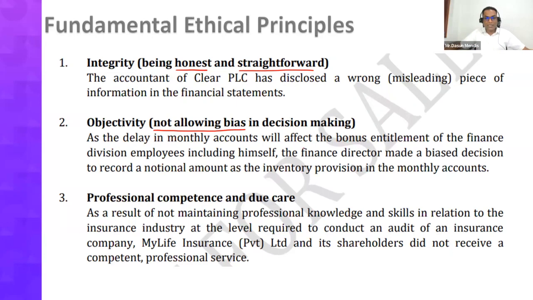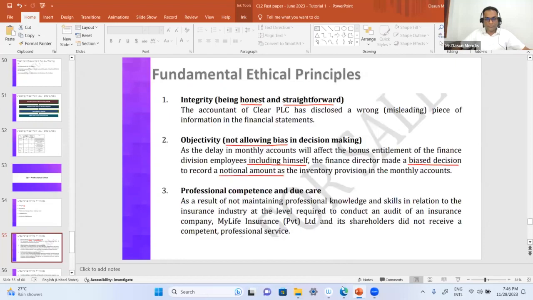As the delay in monthly accounts will affect the bonus entitlement of the finance division employees, including himself, the finance director made a biased decision to record a notional amount as inventory provision in the monthly accounts. Simple and straightforward. Understood? Right. So that is the second scenario. Let's go to the third one.